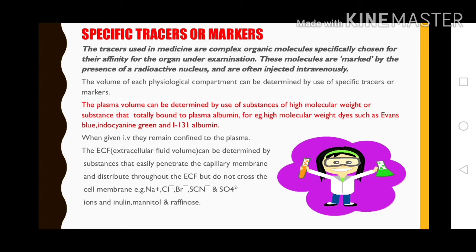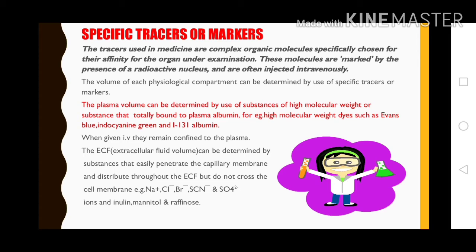These molecules are marked by the presence of a radioactive nucleus, and they are mostly injected intravenously, meaning by IV route, that is through direct administration into the blood, or by injection in simpler terms. The volume of each physiological compartment can be determined by the use of specific tracers or markers.